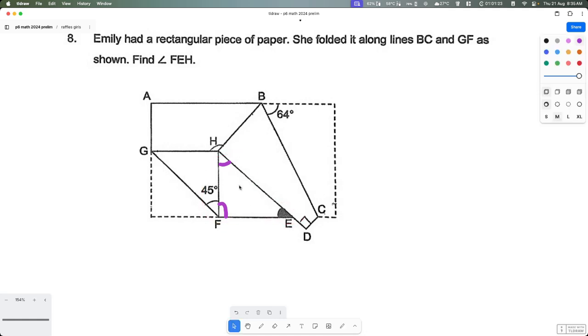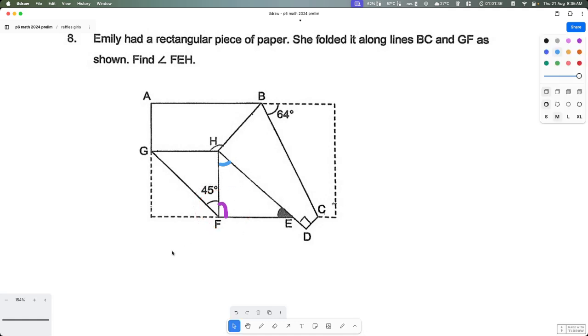To get this blue angle, we need all of these angles. So first let's solve the purple one.